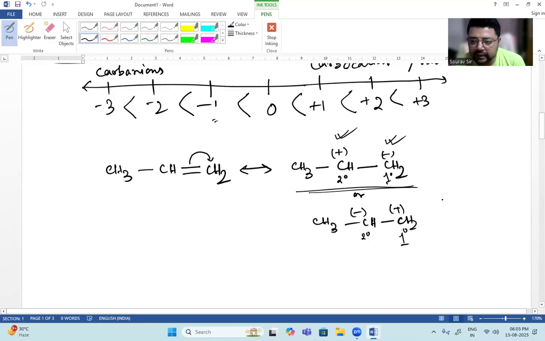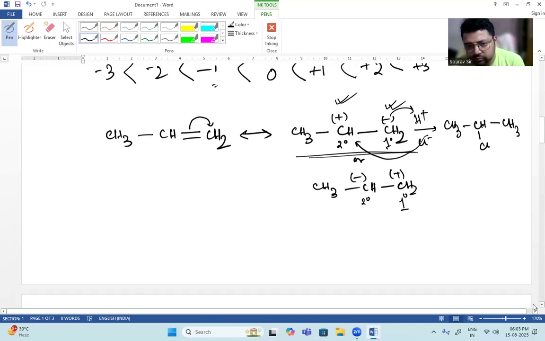Whenever you are adding HCl here, H will be plus and Cl will be minus, so it will come here and attack this. The major product from this reaction will be your Saytzeff product.